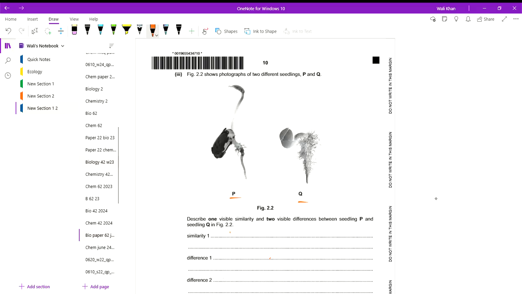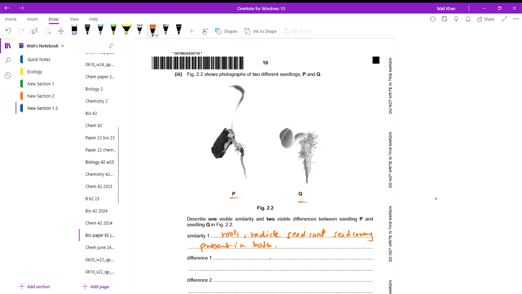So we have to write root, radicle, seed coat, seed covering present in both. Differences: we have to describe two differences.